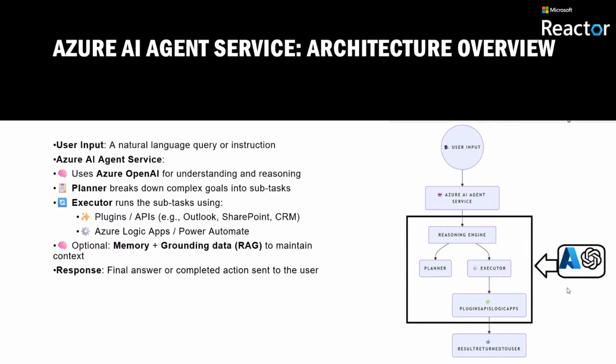And at last it would be giving you back the result as the end user, and that can be in the format of either email, or Teams, or whatever format you are expecting. So this is all about the architecture that we have under the Azure AI Agent Service.